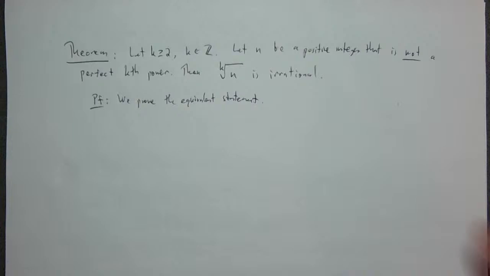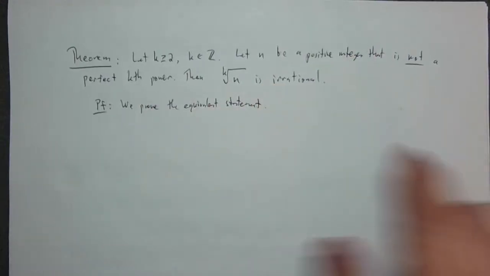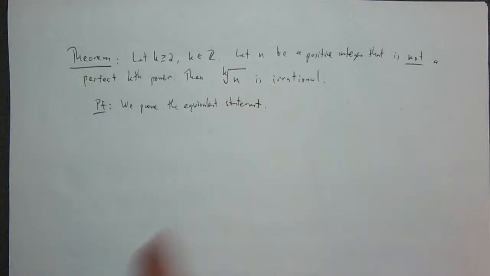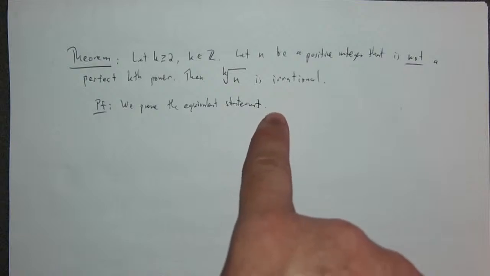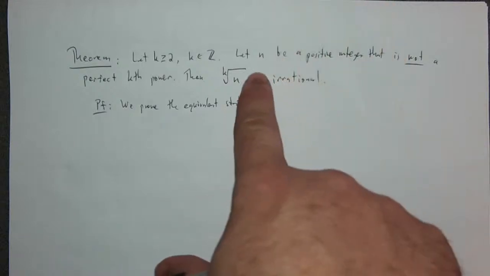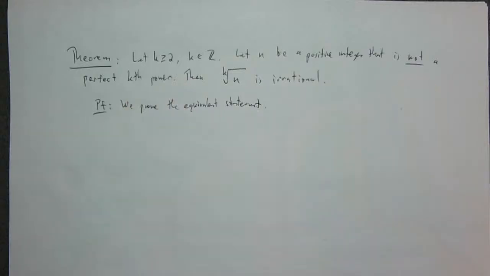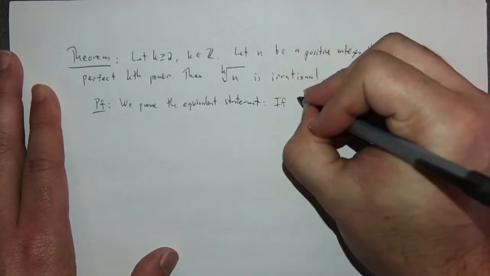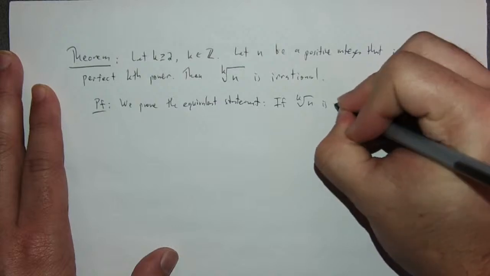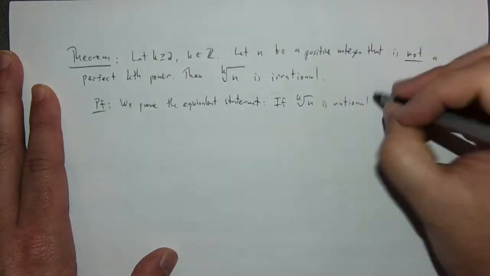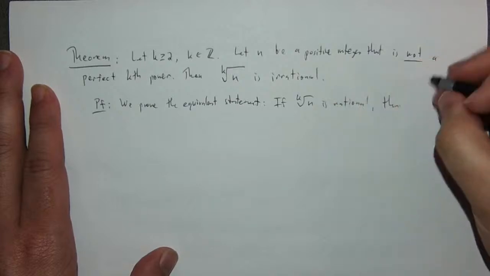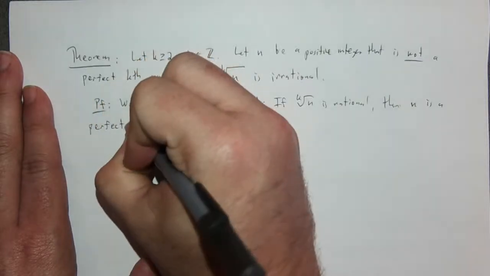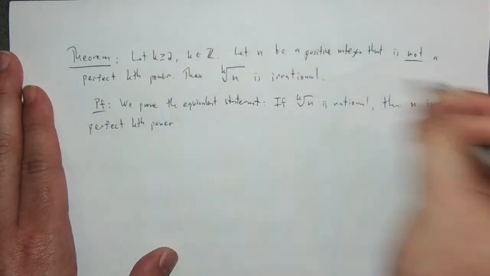So look at the contrapositive of this statement. I'm negating this not as well. So the equivalent statement is, if the kth root of n is rational, then necessarily n is a perfect kth power. This is what we prove.